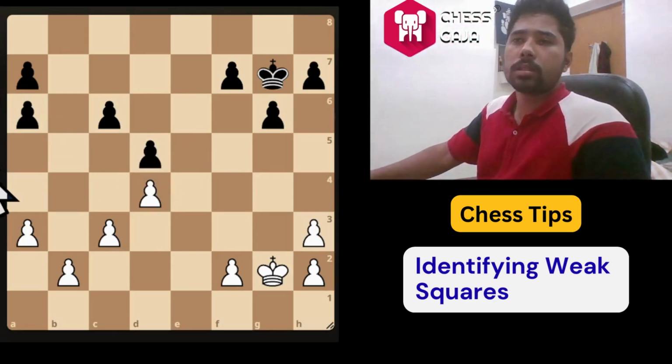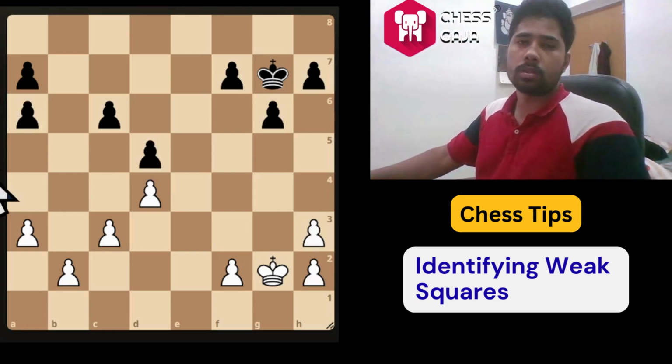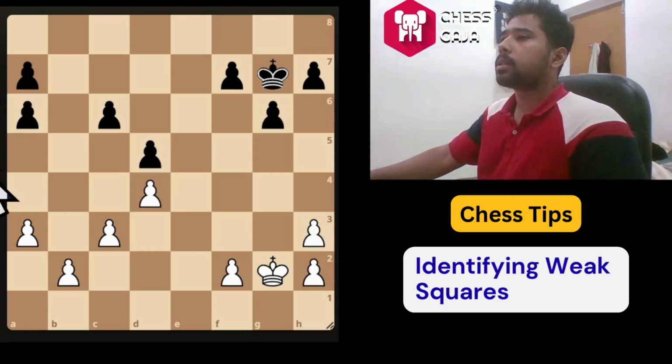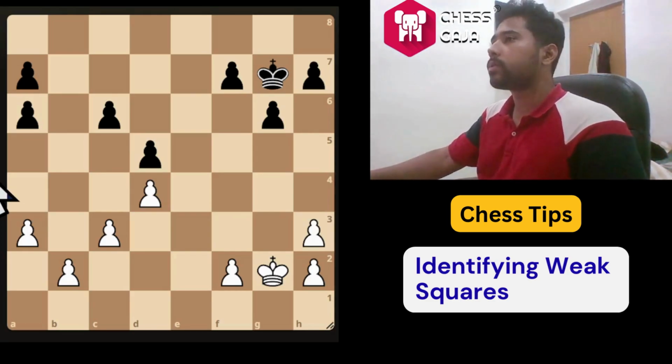I can tell you to pause your video and figure out which are the weak squares in the position. And you can either comment down below or you can point it out by yourself.